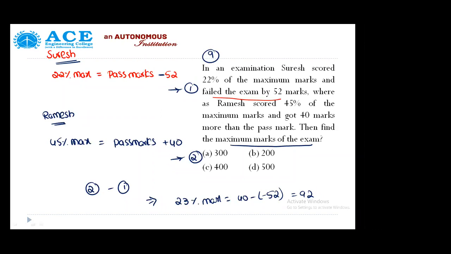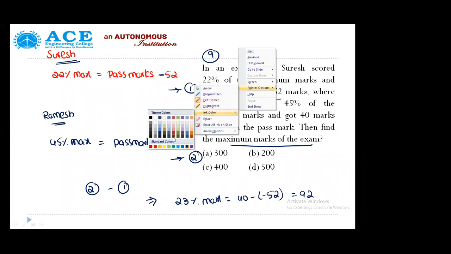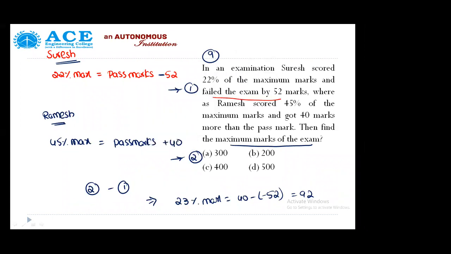So guys, every question you can't assume. Here maximum marks is not given, right? Somebody may go with that assumption as we did till now. Don't do that because this is the hurdle for you. You can see clearly you are subtracting or adding something.